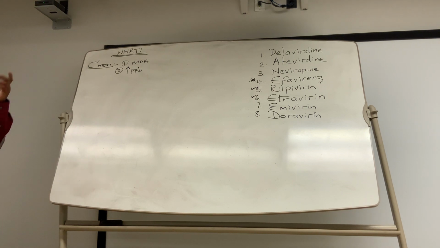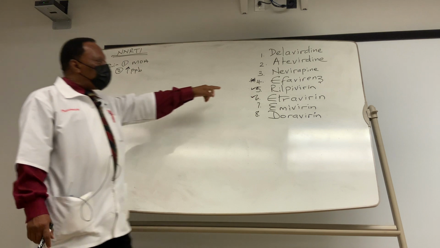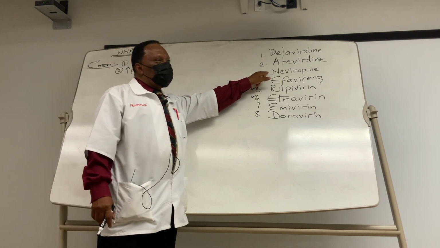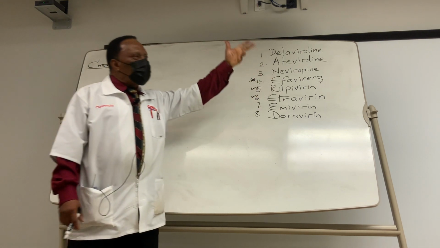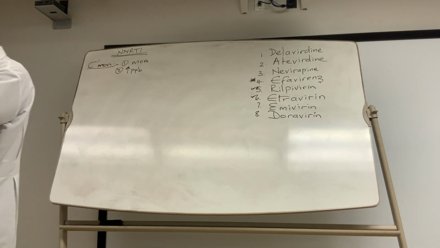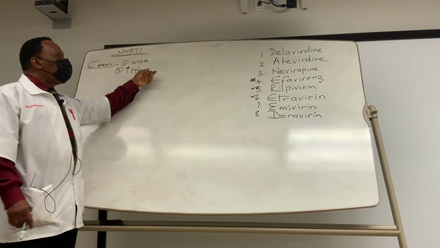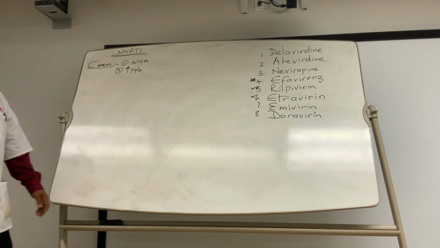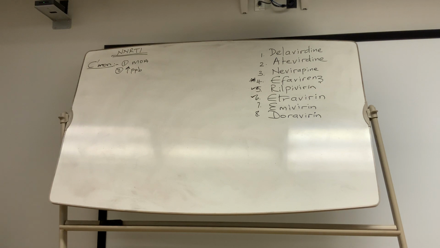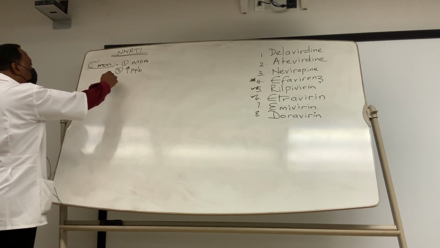The only exception there is Nevirapine, which is just about 55% plasma protein bound. So they all have very high plasma protein binding, with the possible exception of your Nevirapine.